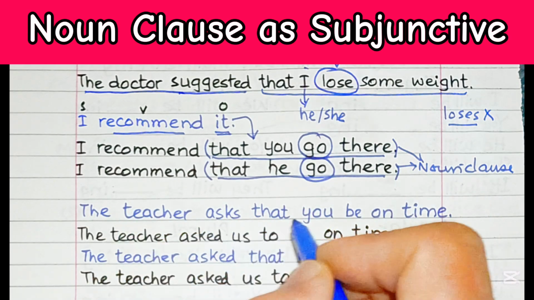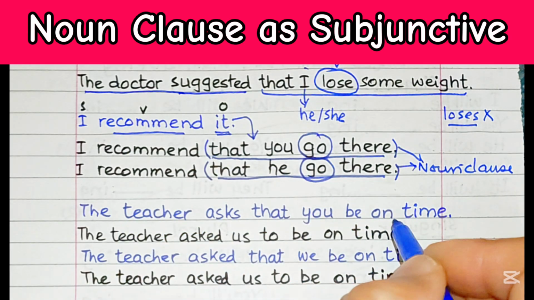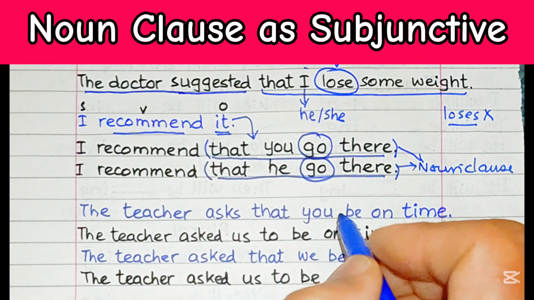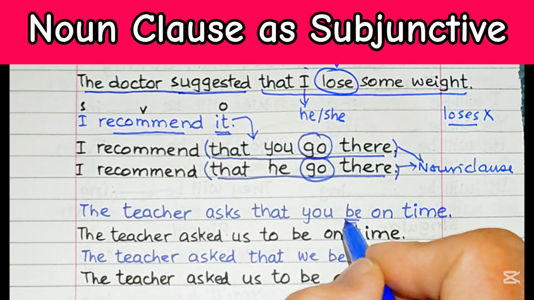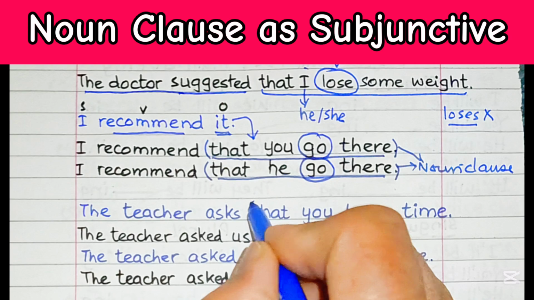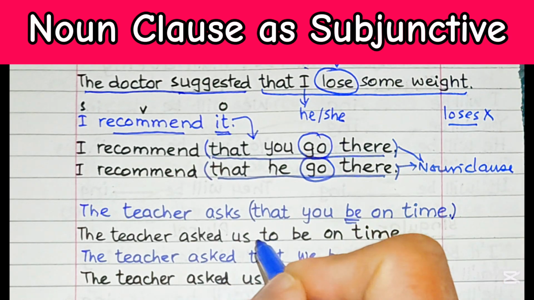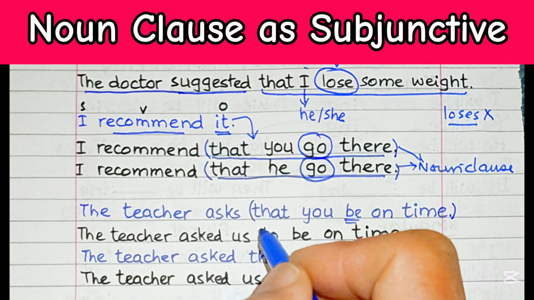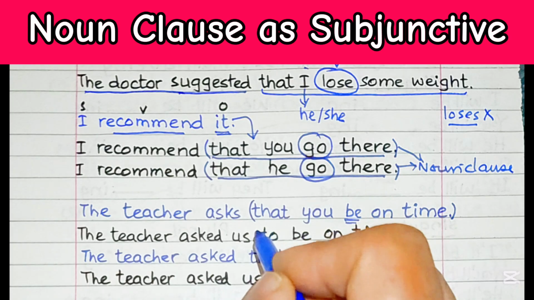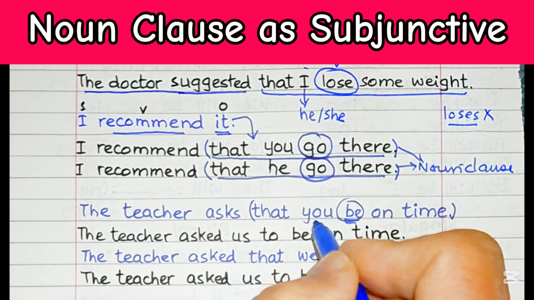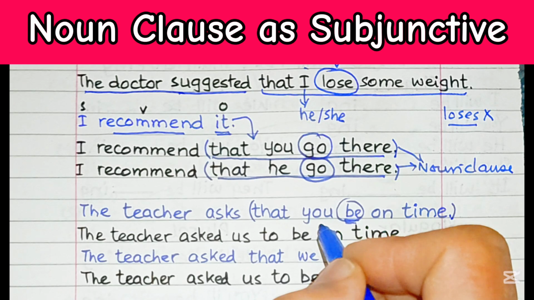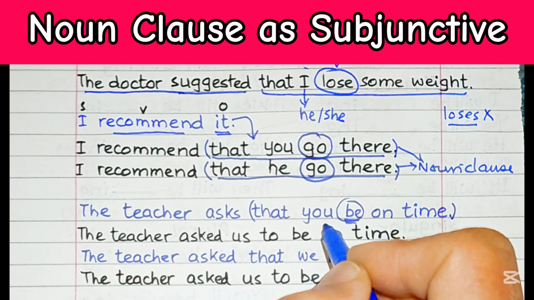The teacher asked that you be on time. Here the verb be is in the subjunctive mood. Here it's a little bit more obvious that you are using the simple form, be. It doesn't matter what the subject is.